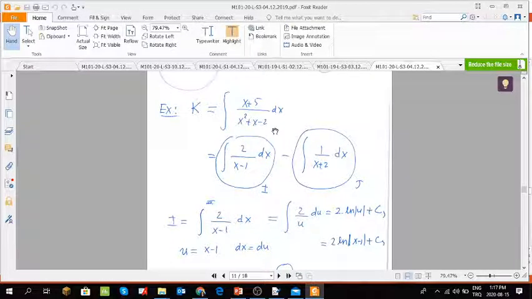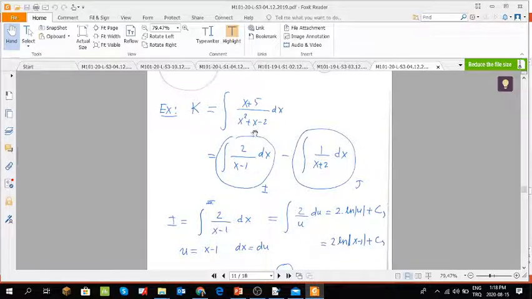I want to remind students who forget about rational functions: a rational function is a function written as a ratio of two polynomials. So x plus 5 is a polynomial, x squared plus x minus 2 is a polynomial. If you have an expression written as a ratio of two polynomials, it's called a rational function.